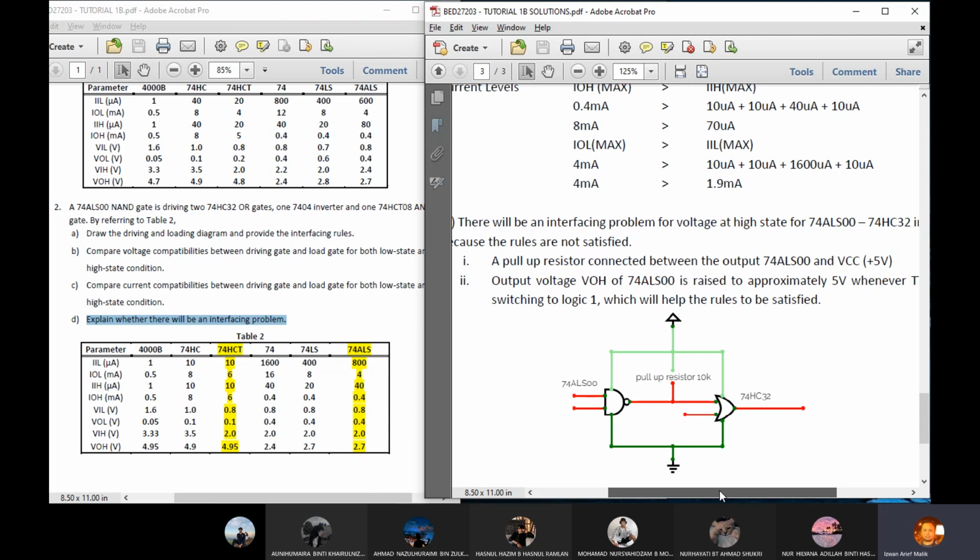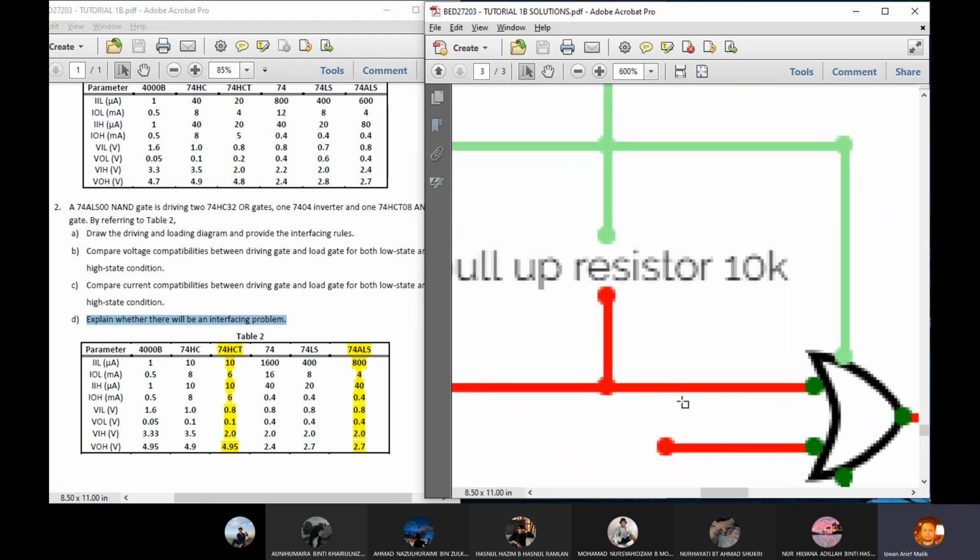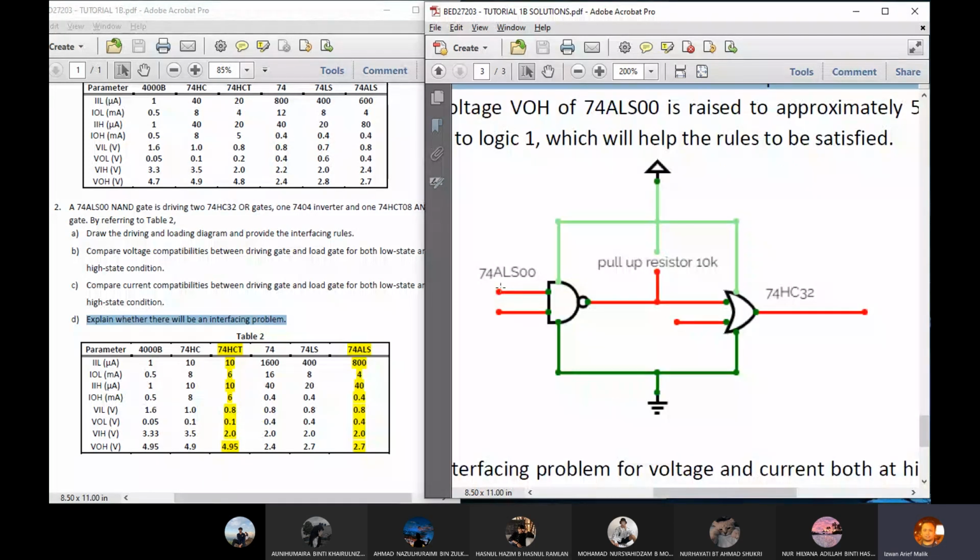So what is the solution? You have to use a pull-up resistor connected between the output of the 74 ALS to VCC of 5 volt. Okay, so this is the diagram. So this is the output of the NAND gate going into the OR gate.